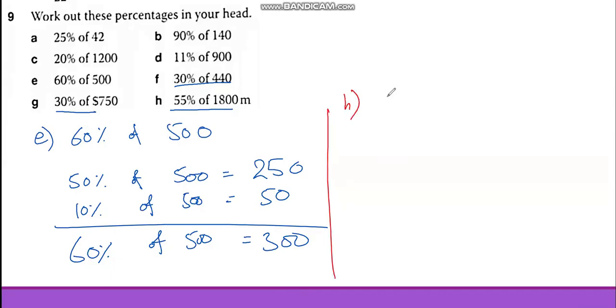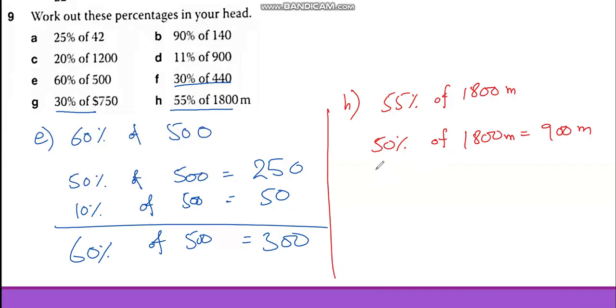Similarly for this one, and for 55%, let's do this part. In each part, we have to find 55% of 1800 meters. For 55%, first we can find 50%. So 50% of 1800 meters is 900 meters. And for 5%, first we can find 10%, and then we will get half. So 10% will be 180.